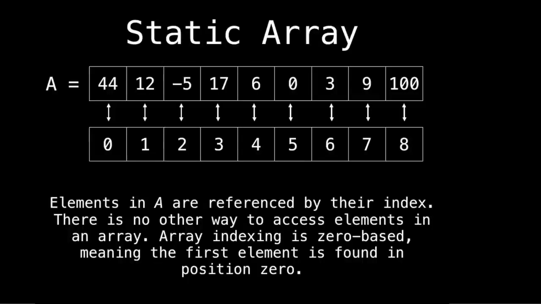Also remark that the very first element, 44, has index or position 0 in the array. Not 1. This confuses many intro computer science students who have no idea. The confusing part is that most, if not all, of mathematics is 1-based, while computer science is 0-based.